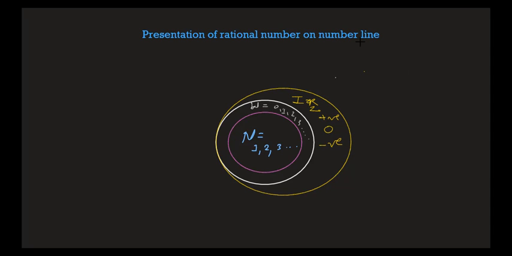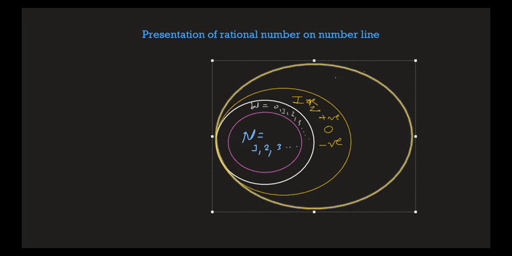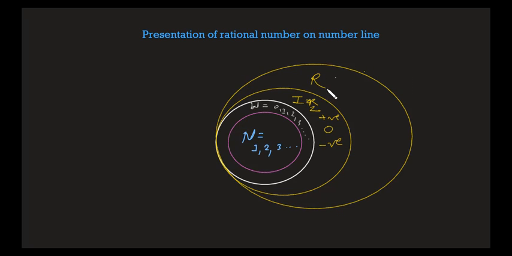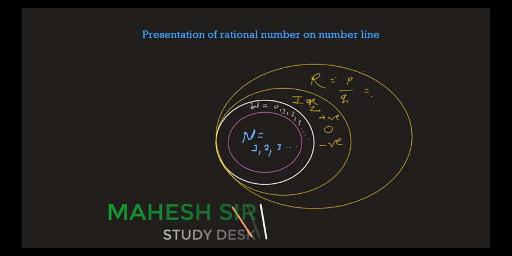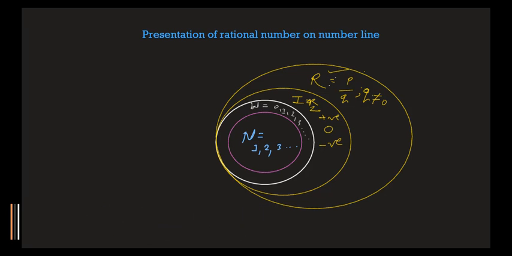We already know the integers are also covered by a special group of numbers, and we call those the rational numbers. So the rational numbers are a group of numbers where all integers belong, and a rational number is of the form p by q, or we can say a rational number is a ratio of two integers where the denominator q is not equal to 0. So this is the rational number definition.